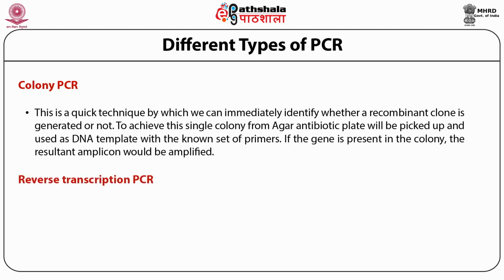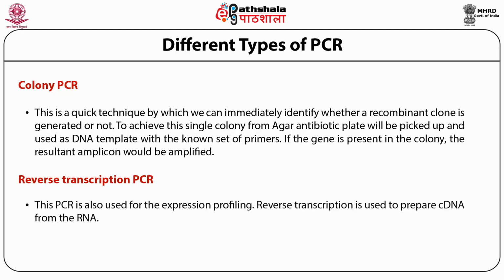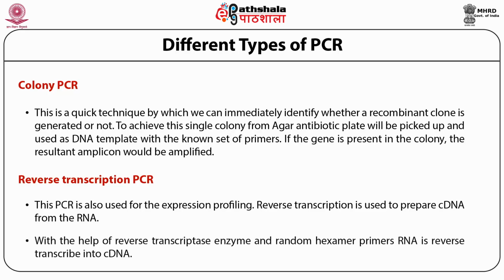Now come to the reverse transcription PCR, that is the RT-PCR. This PCR is also used for expression profiling, where reverse transcription is used to prepare cDNA from RNA. With the help of the reverse transcriptase enzyme and random hexamer primers, RNA is reverse transcribed into cDNA, and then it can be used for various purposes.